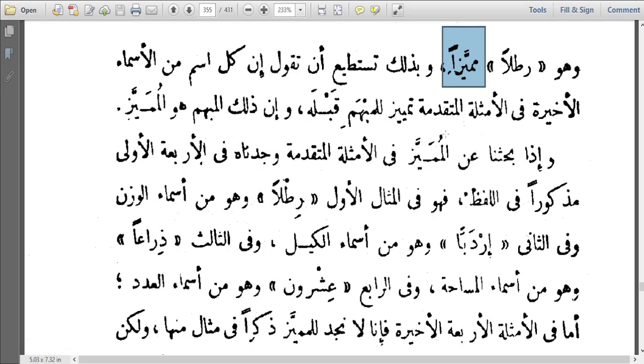It says وإذا بحثنا عن المميز في الأمثلة المتقدمة وجدناه في الأربعة الأولى مذكورا في اللفظ.